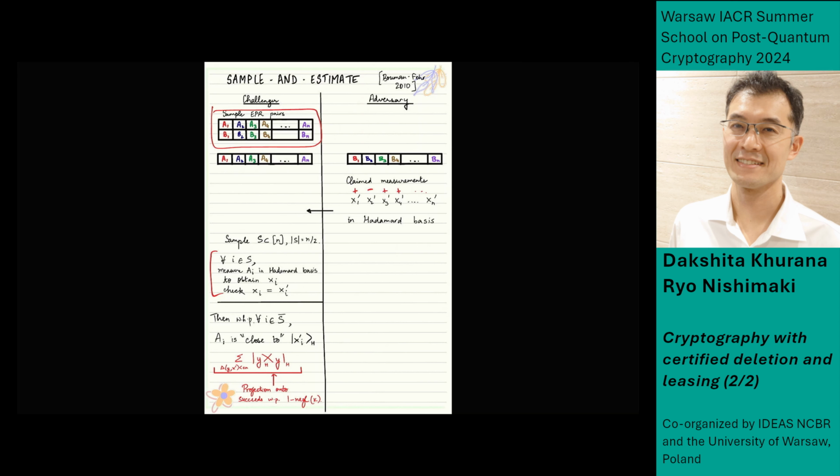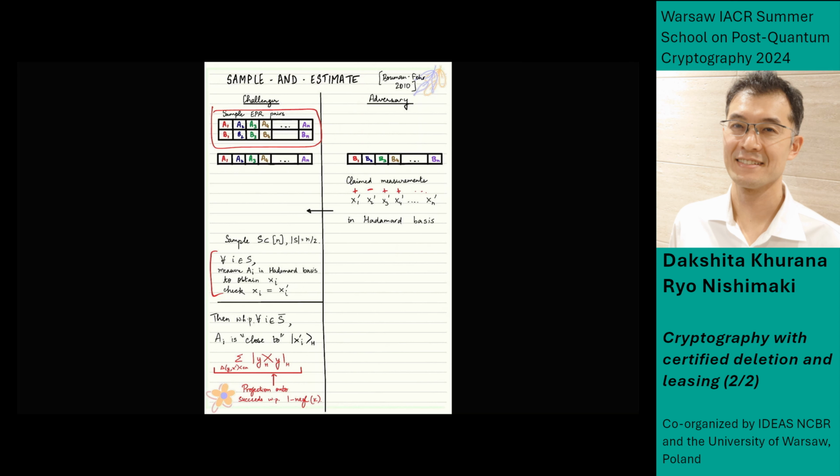And this is a projection onto this state. I believe that this delta means the Hamming weight of x XOR x prime, which means the number of differing positions of these two strings.